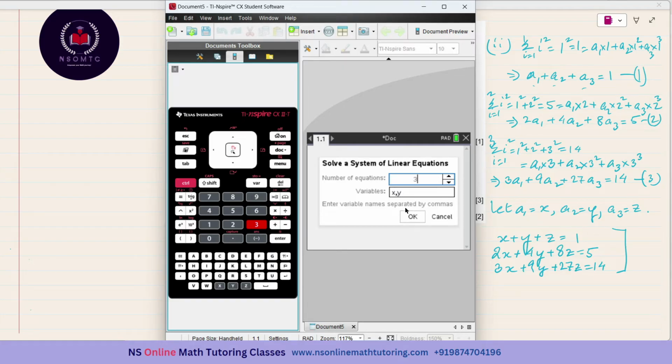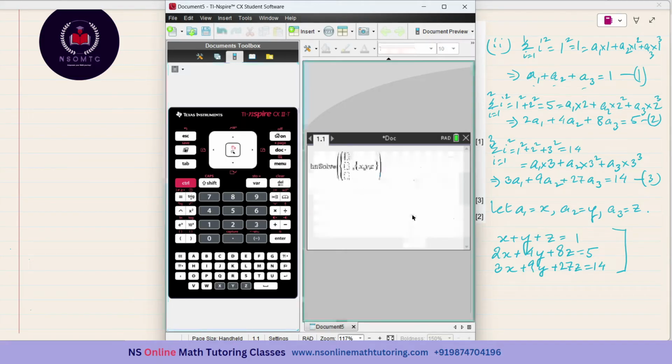You may leave it. The calculator will be taking the third variable as z. We press OK. Okay, see, the calculator has taken the third variable as z. Instead of xyz, you can take the variables as abc or any other variable, but you cannot have the subscripts such as a1, a2, and a3. Okay, that is why I have changed the variables.